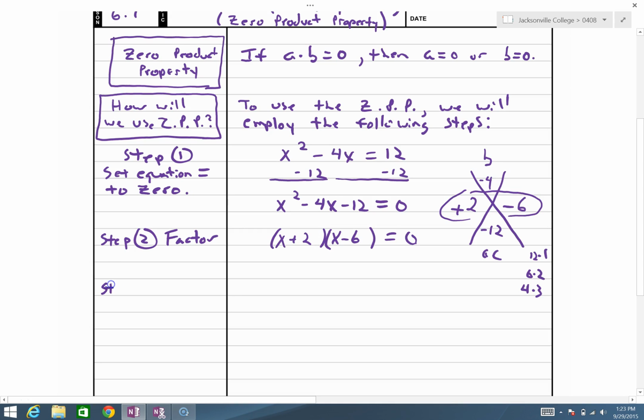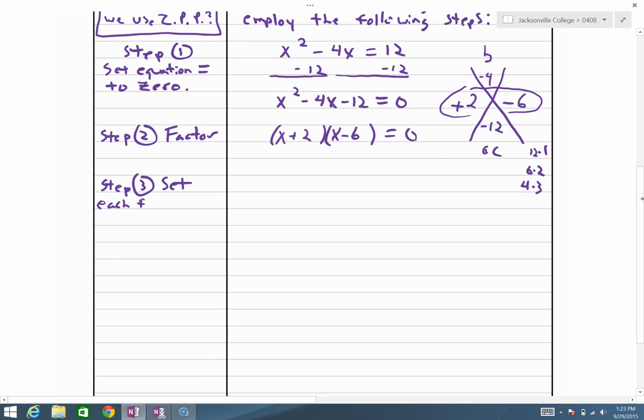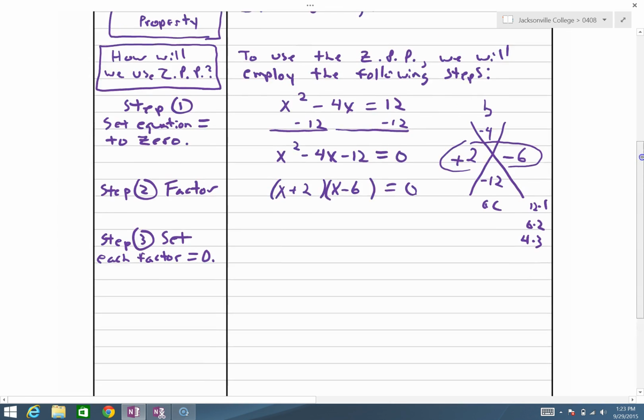Step 3. Set each factor equal to 0. Here's where the zero product property comes in.